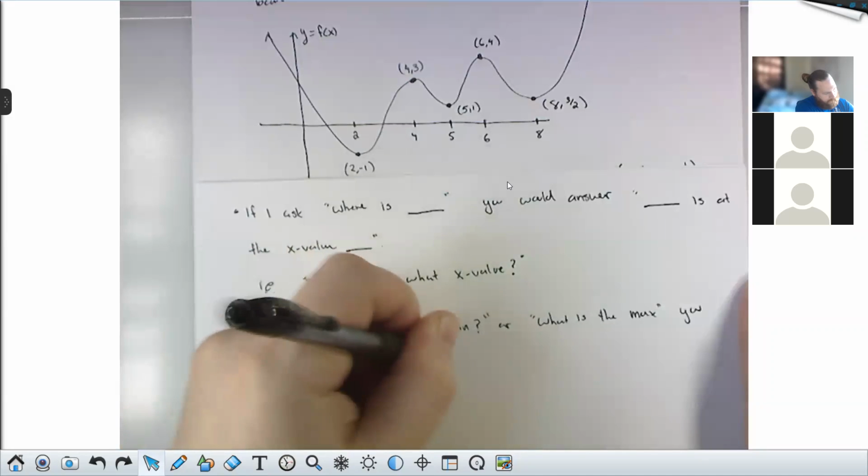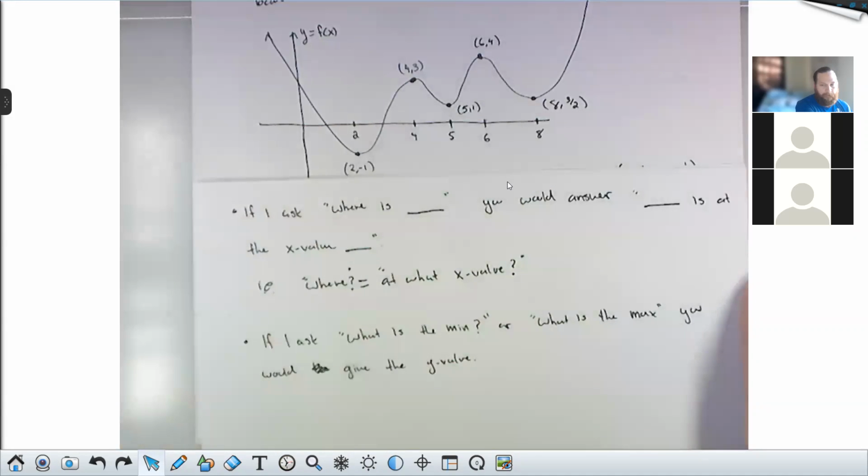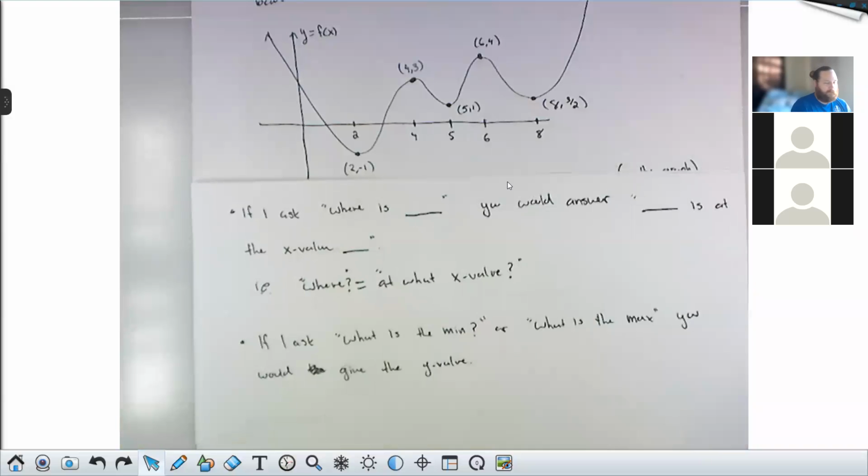Right. So if I ask you where is the absolute min for this function, you would say the absolute min for this function is at x equals 2. If I asked you what is the absolute min for this function, you would say the absolute min for this function is -1.